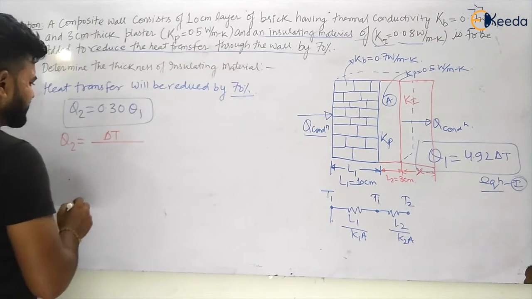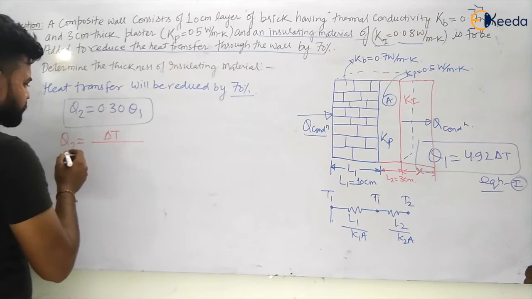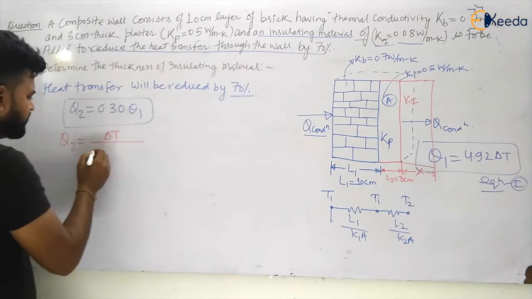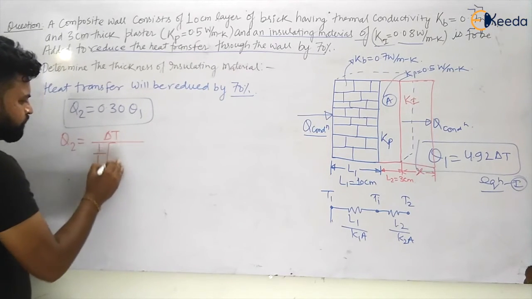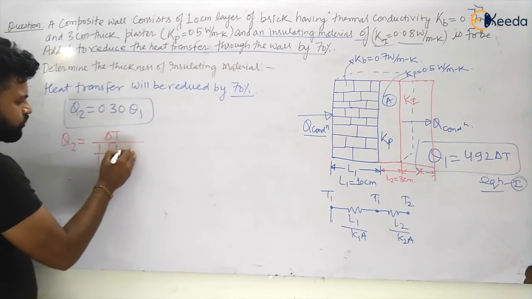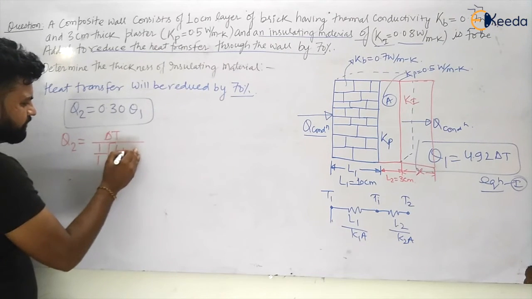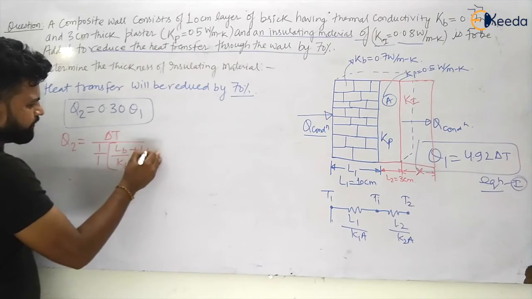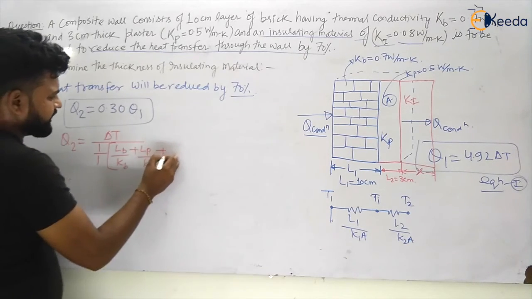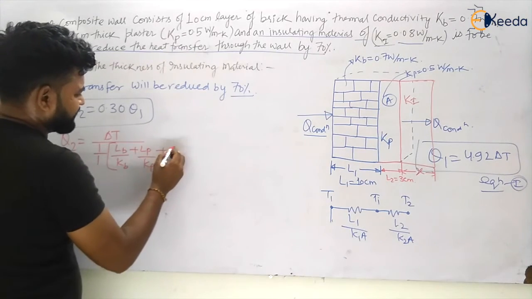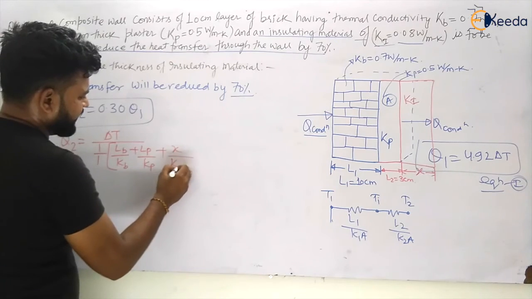So what will be the R effective here? Per unit area, R effective will become equal to L1 by K1, that is LB by KB, plus LP by KP, plus L insulation, that is X divided by K insulation.